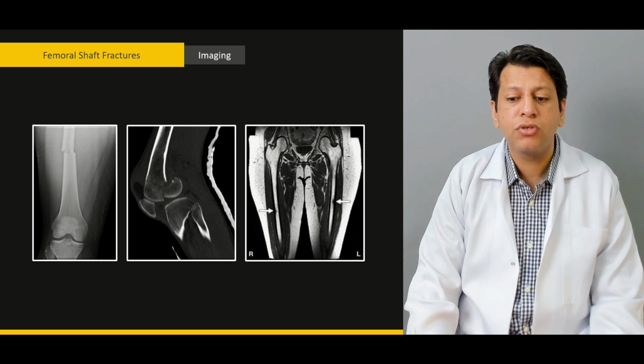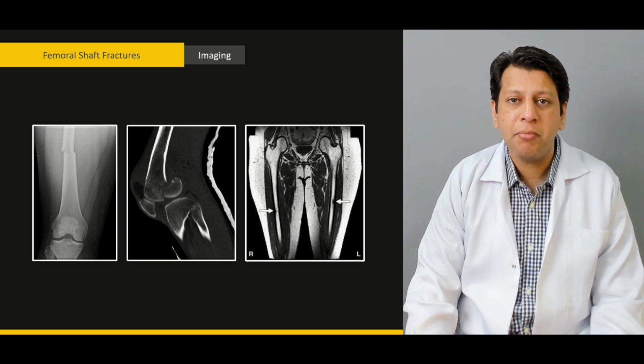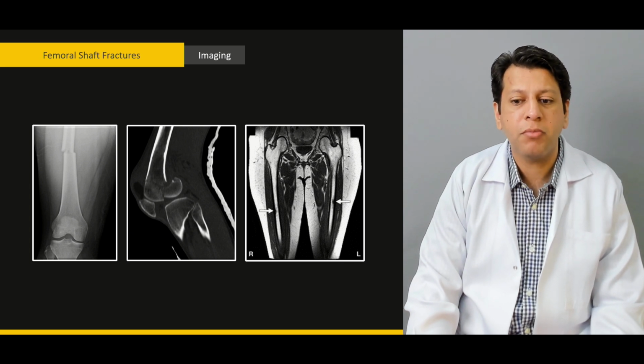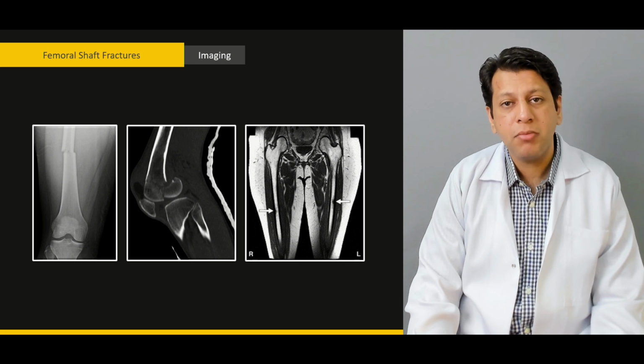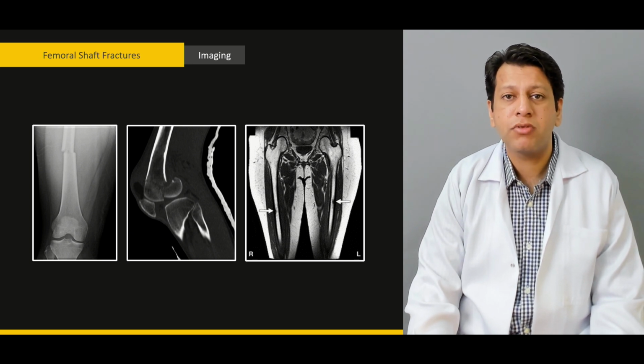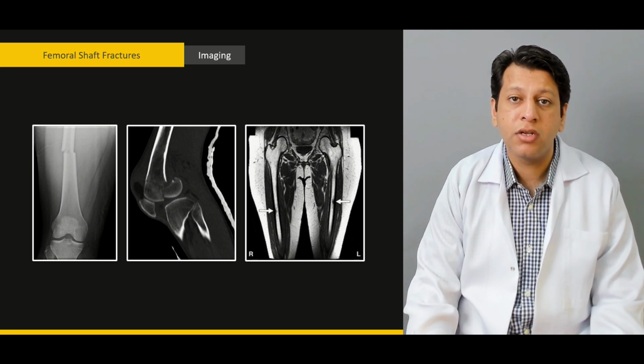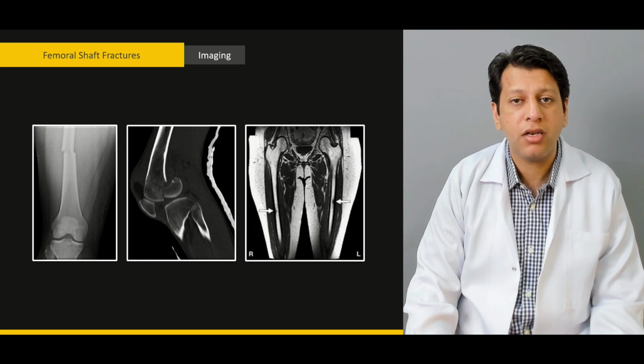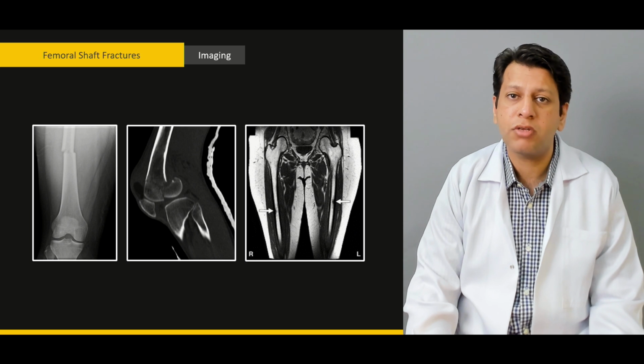An MRI, although rarely done, can be done sometimes just to look at the degree of soft tissue injury which may be associated with the shaft of femur fracture. Or sometimes the patient may have an isolated stress fracture, although the femur shaft is a rare place to have it, and the best diagnosis for a stress fracture is usually an MRI.